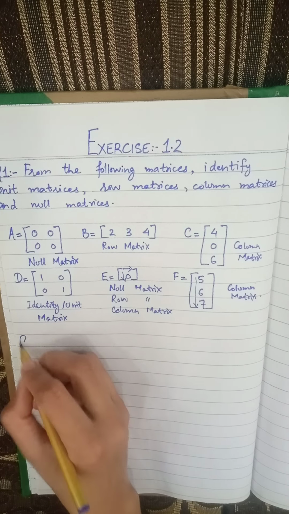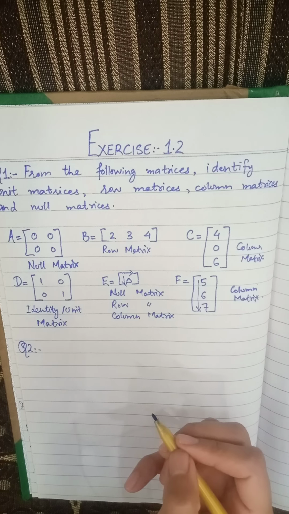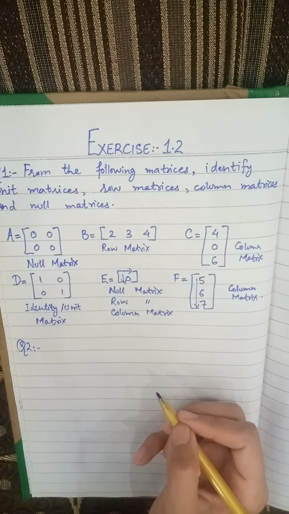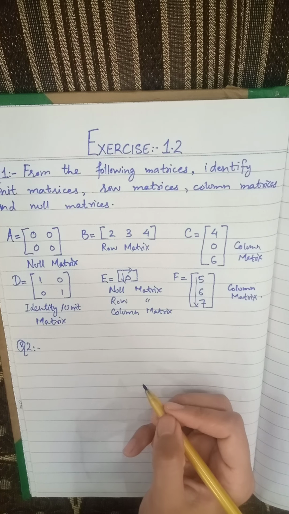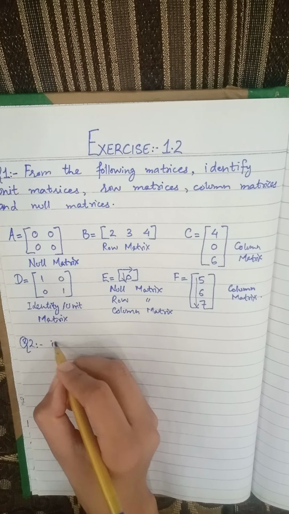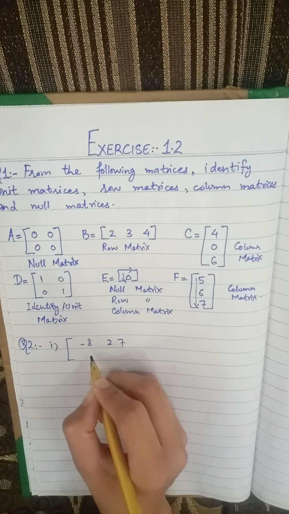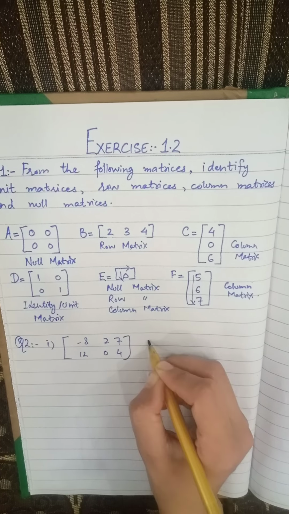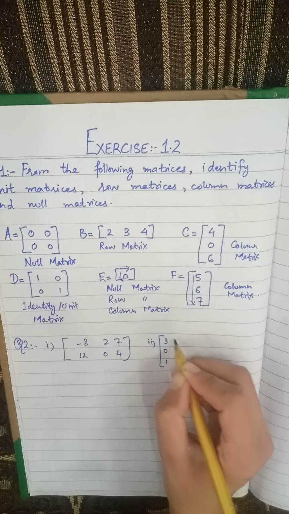Now we will do question number 2. I am not going to write the question, just reading it out. From the following matrices, identify square matrices, rectangular matrices, row and column matrices, identity and null matrices. Okay, the first one is -8, 2, 7, 12, 0, 4. The second one is 3, 0, 1.